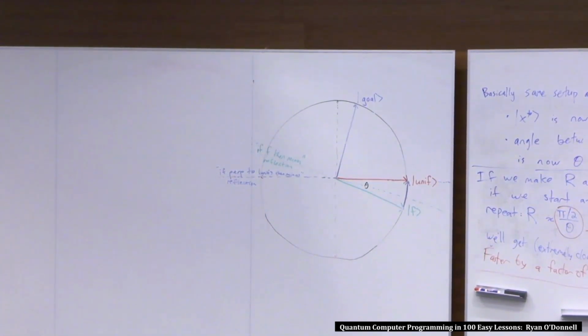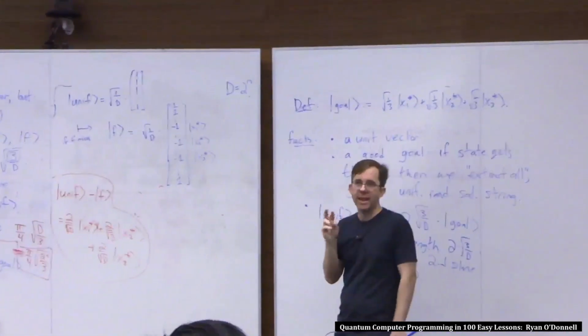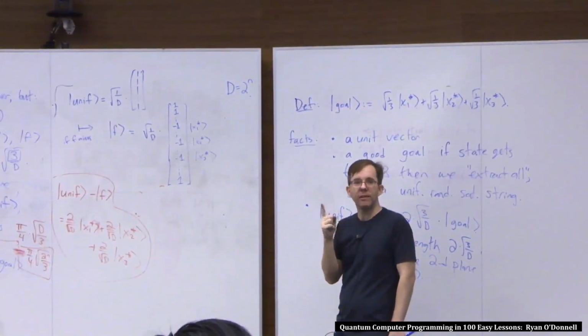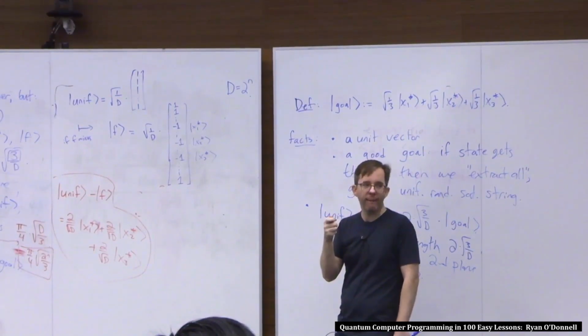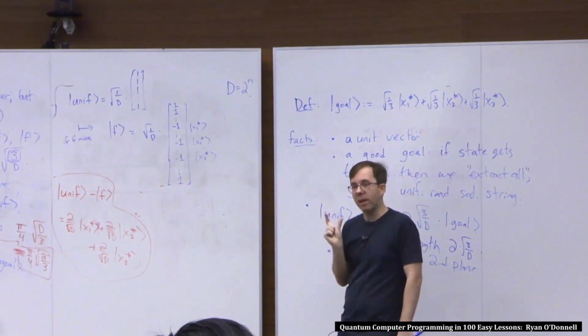You can solve a problem where the promise is either there's exactly 1 or there's exactly 0. And the task is, first off, tell if there's exactly 1 or exactly 0, and if there's exactly 1, please find it.